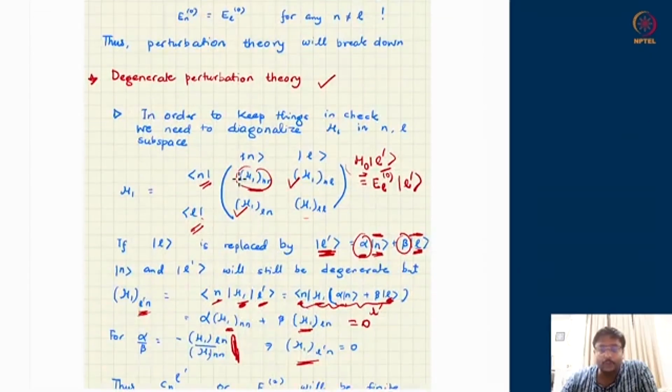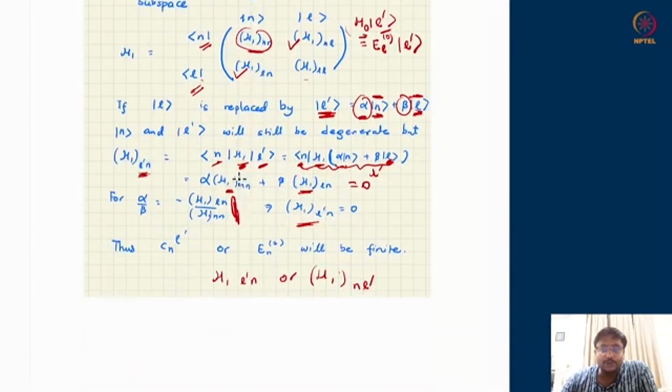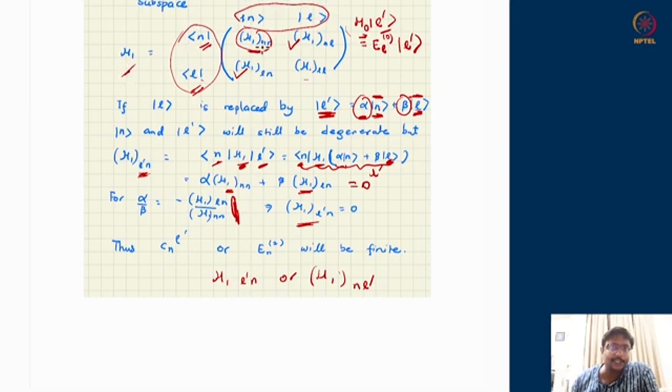If they happen to be non-zero, then you should try to find a new basis in the degenerate subspace, meaning all those states which have the same energy corresponding to H0. You write down the perturbation Hamiltonian in that basis and see if it is diagonal or not. If it is not diagonal, do something about it.